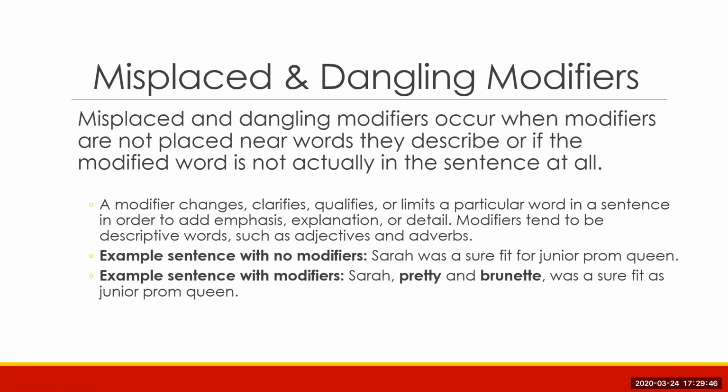That doesn't tell me a whole lot more, but I at least know she's brunette and she's pretty, right? So you can modify certain words in your sentence to show more descriptive details about them. You can really improve your writing if you use appropriately placed modifiers.